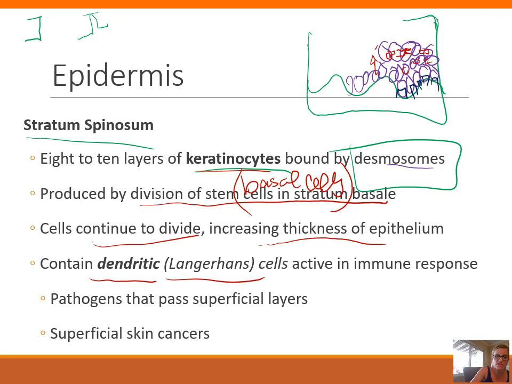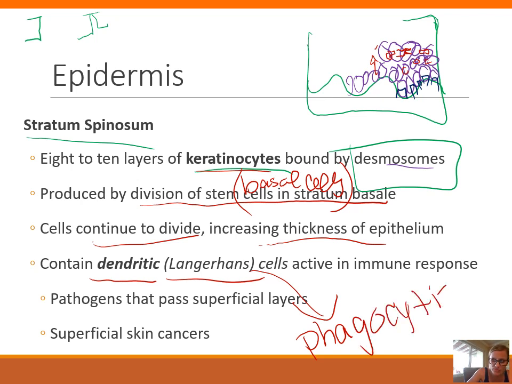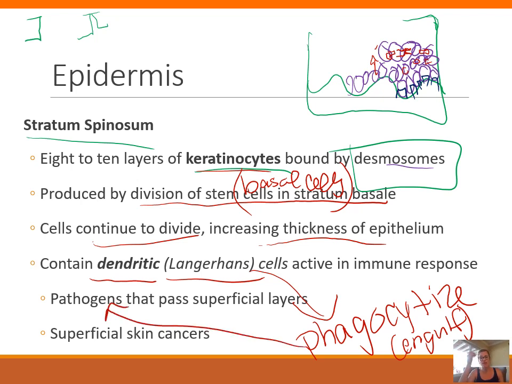So what these dendritic cells, or Langerhans cells, do is they phagocytize, right? Which, remember, phagocytosis is cell eating. That's when the cell engulfs something. So these dendritic cells phagocytize, or engulf, or eat any pathogens that make their way past the superficial layers of the skin.